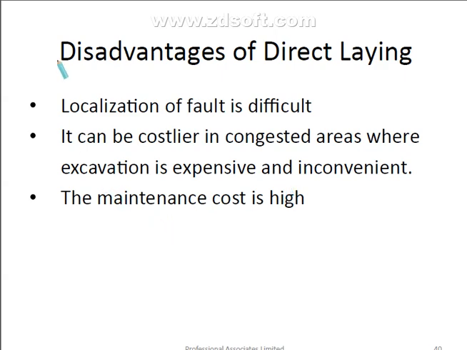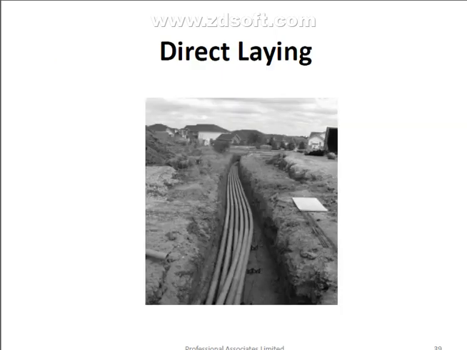Now, as I said, for this type of laying, a number of laborers are used, so first the initial cost is high. Second, identifying the fault. If a fault happens, which is a natural thing, it is not so easy to rectify it quickly, because you have to use a hit and trial method.